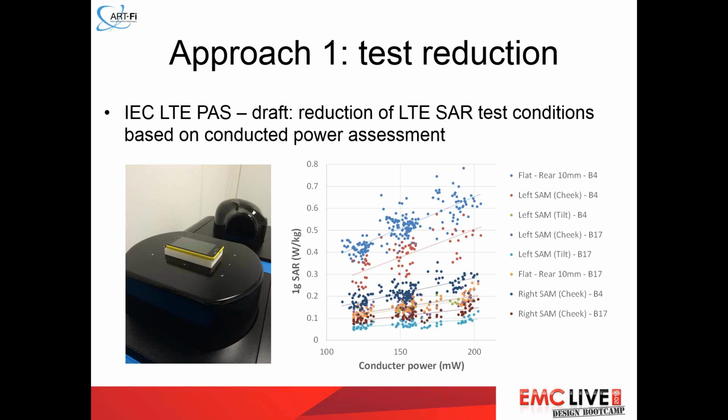But what you can see from this graph is that the low power modes are totally unlikely to be the highest SAR modes. So you can eliminate many of them. And actually, we evaluated that typically only the modes which are in the group of the 15% highest conducted power are the modes likely to deliver the highest SAR.